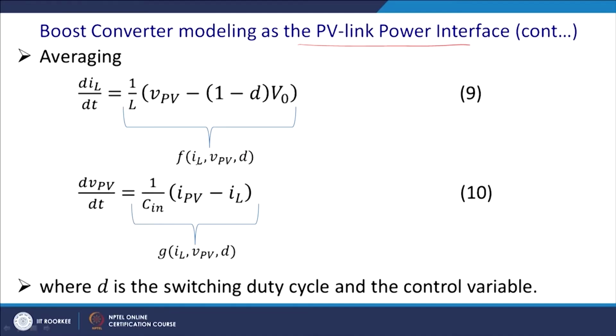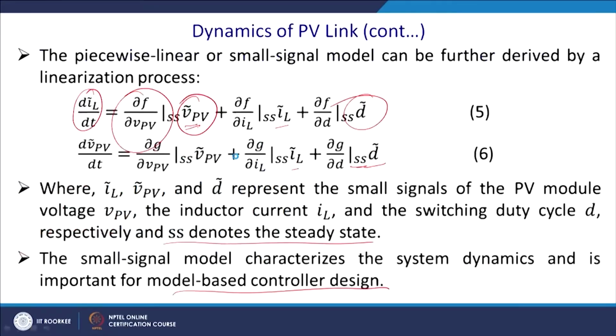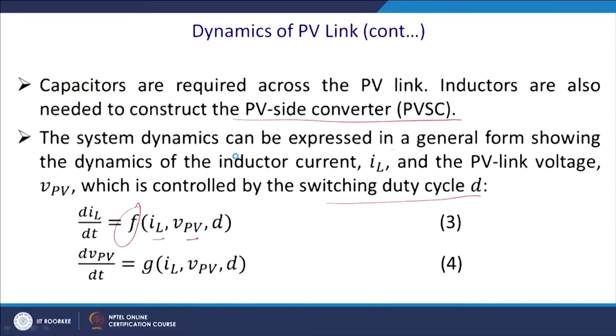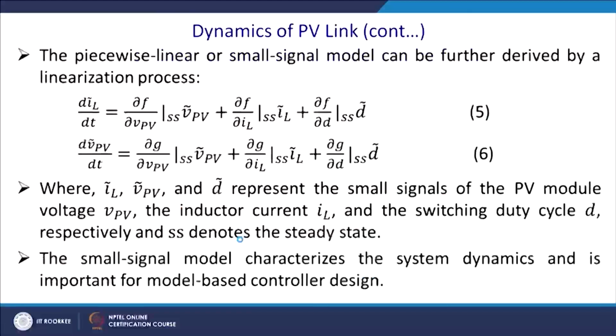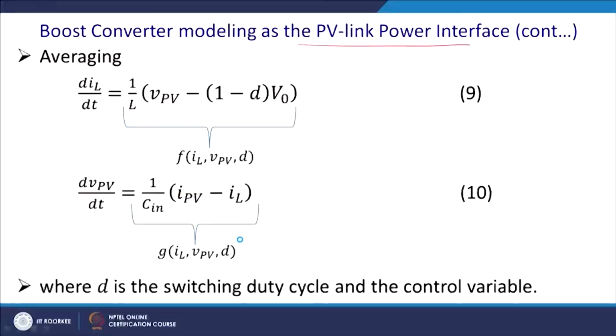This is what you referred to earlier, please go back: this is the function, and here del f is abbreviated. So, L dIL/dt is a function of IL, VPV and D, and it is given by VPV minus (1 minus D) into V0.